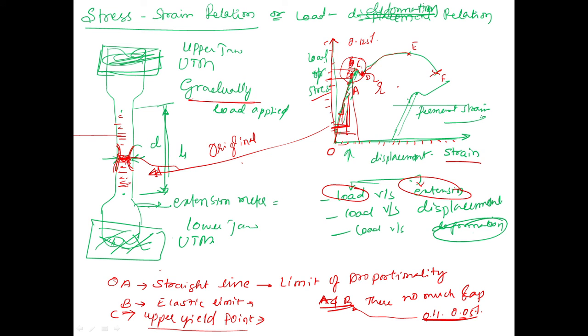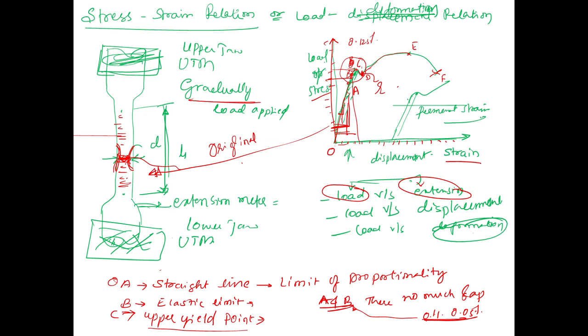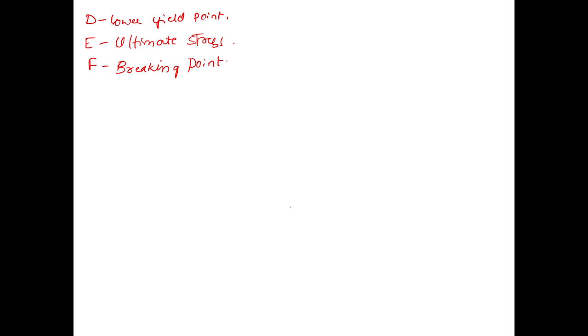Now, coming to the relation here. As I said, you have an elastic limit. That means if you draw any slope between this point and OA anywhere, you are going to get the same slope.